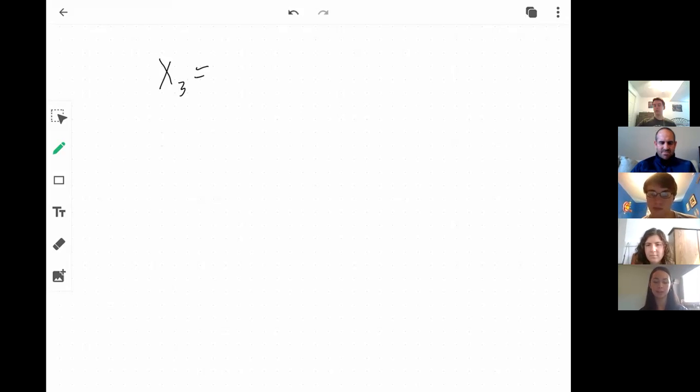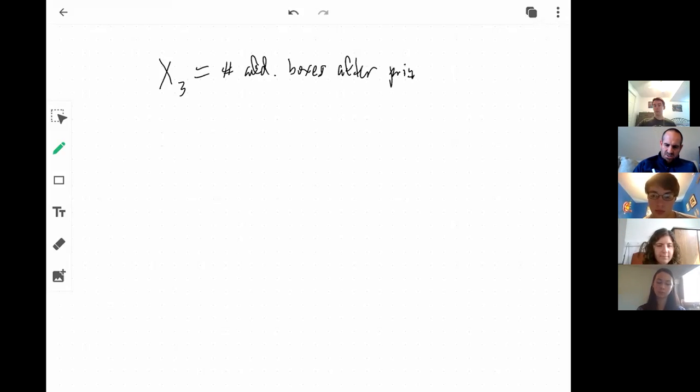Additional boxes until a third new prize. The number of additional boxes after prize number 1 and 2 are obtained until we get what?